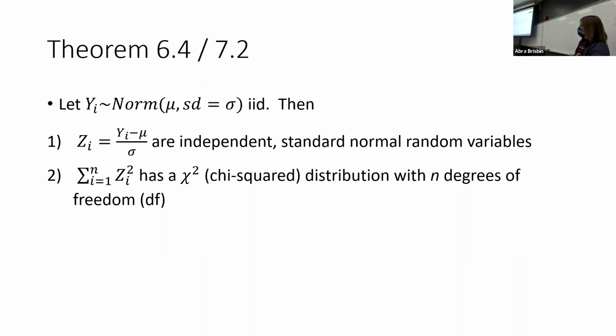Then part 2, this is theorem 7.2, says that if we take these standard normal random variables that we created and square them and take the sum, we get a new random variable that has a chi-squared distribution with n degrees of freedom.